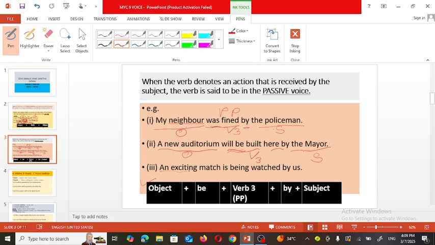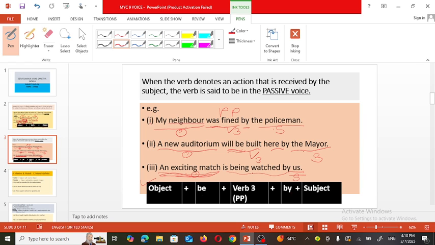An exciting match. If you observe this part of the sentence, this whole phrase can be said to be the object of the sentence, which is in subjective form. Is being watched. So watching is the action. This is the verb, and this action is done by whom? By us. So this is the subject.